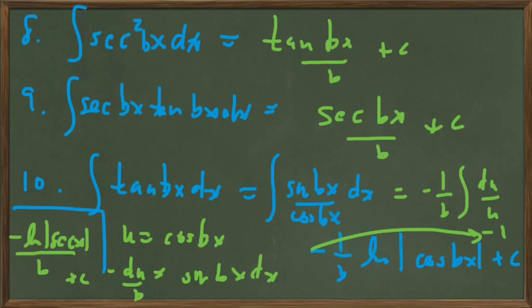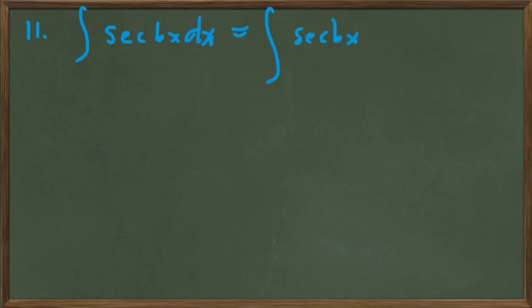And then one more trig integral that's not so common, and that would be the integral of secant bx dx, which we have to rewrite as secant bx times secant bx plus tangent bx over secant bx plus tangent bx dx.